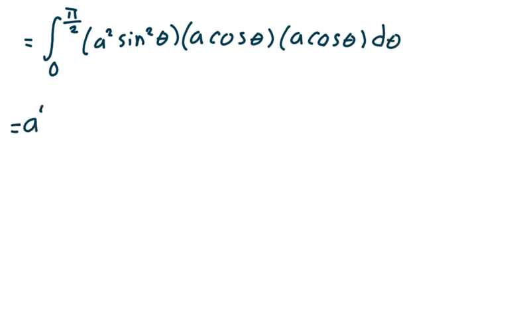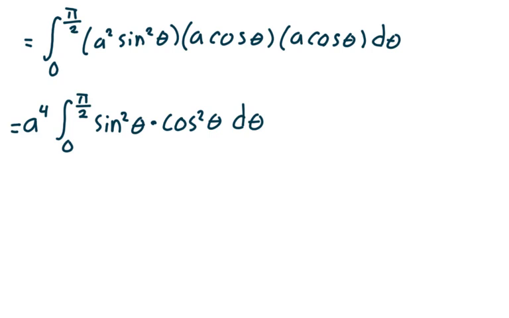I'm going to pull the a to the fourth out in front, and integrate from 0 to pi over 2 of sine squared theta times cosine squared theta d theta. Notice how the powers of the sine and the cosine are even.